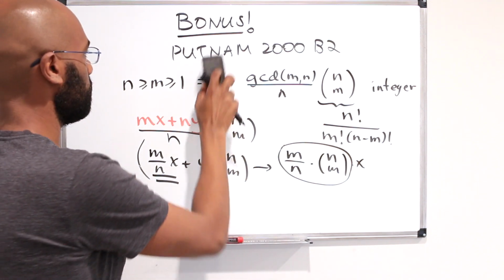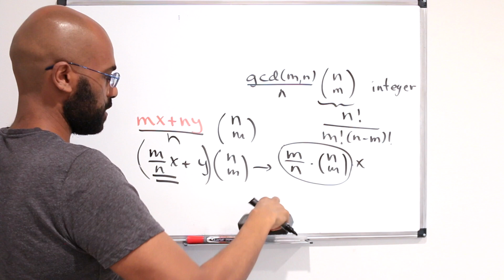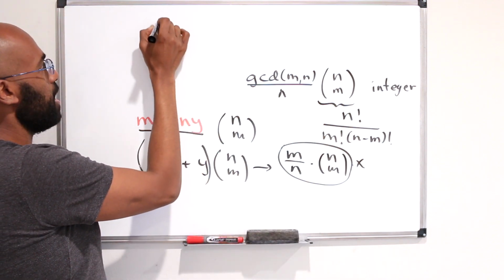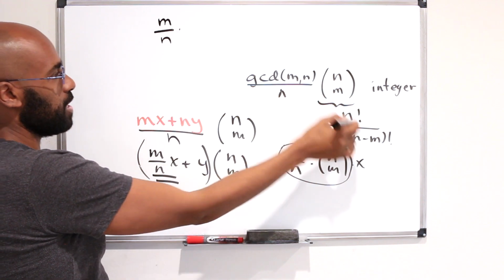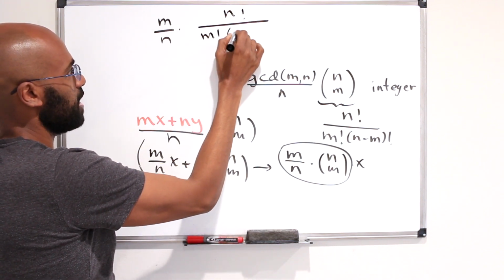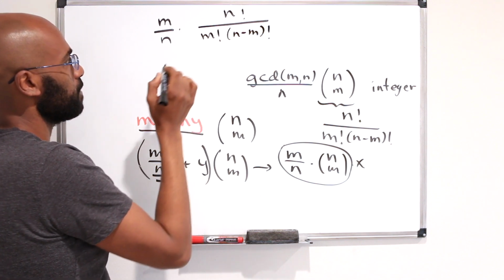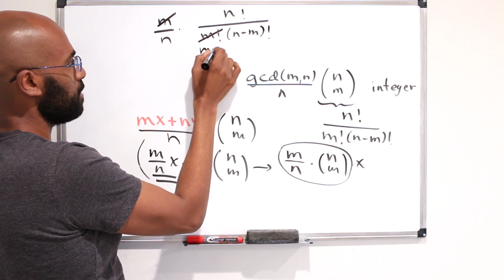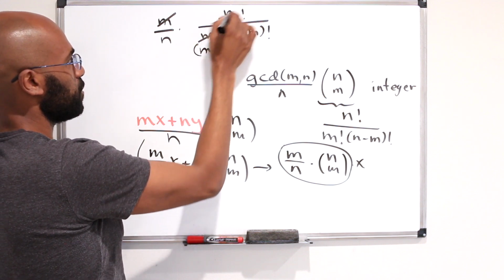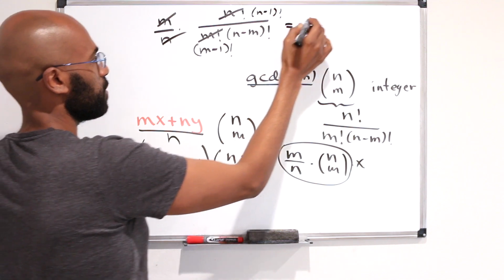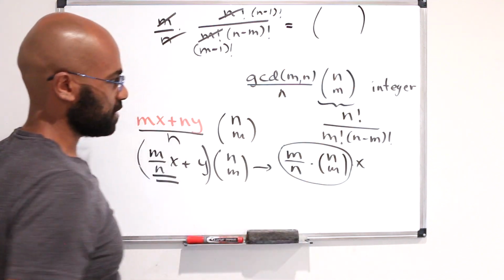So let's erase some things here and actually work that out. So this quantity here is m over n times n factorial over m factorial times n minus m factorial. So we divide out the m to get an m minus 1 factorial here, and divide the n to get n minus 1 factorial here. And that actually gives us the same thing.